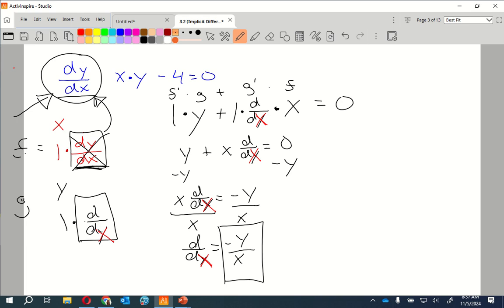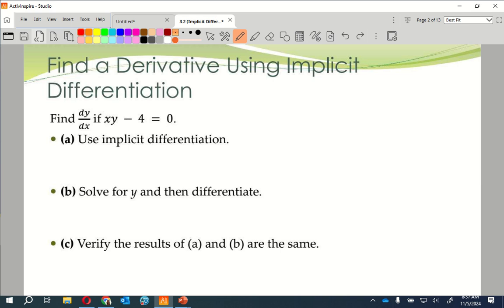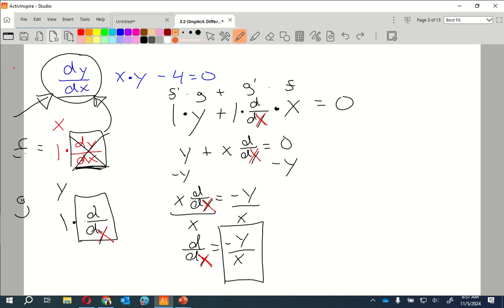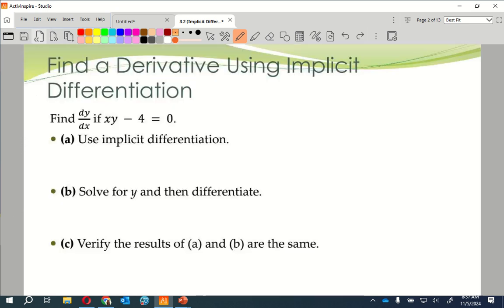So I get the derivative here. This would be the same as saying my y prime, right? So my y prime should be equal to that. So now the next part of the question says, let's go back, solve for y, and then take the derivative. So that would be x times y minus 4 equals 0.